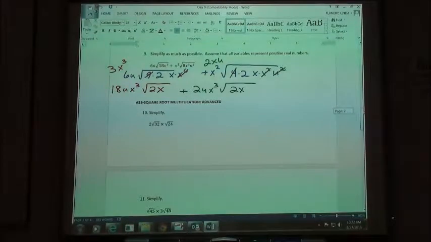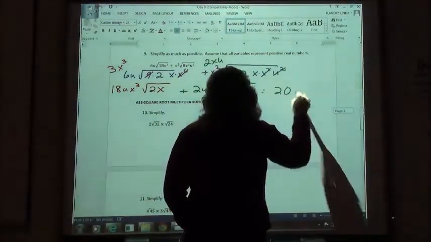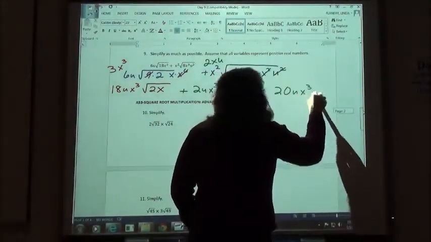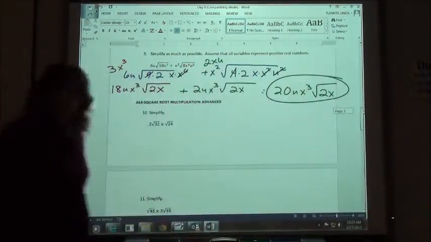So you'll notice after each of my leading coefficients, I've got u x cubed square root of 2x. They match up all nice like they're supposed to. So I can go ahead and add: 18 plus 2 is 20. u x to the third square root of 2x is my answer.